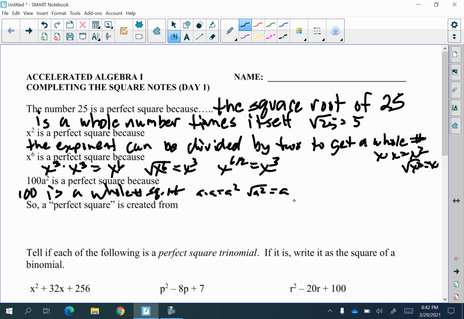So a perfect square is created from a whole number times itself and/or an exponent that is divided by 2. This is hard to write with this little pen.